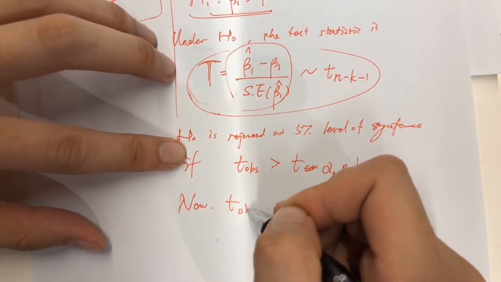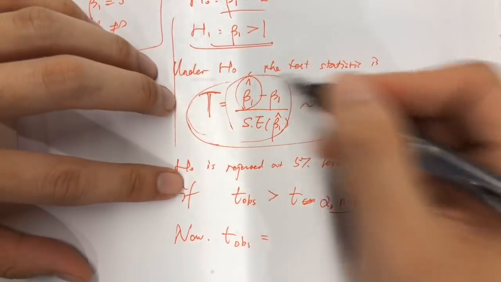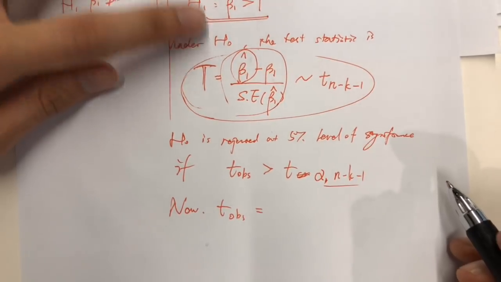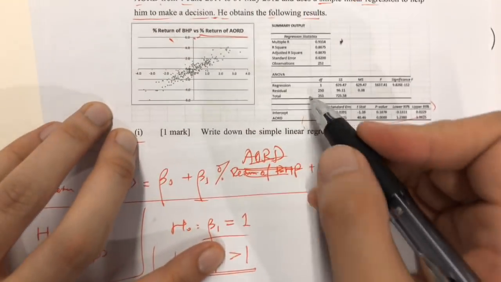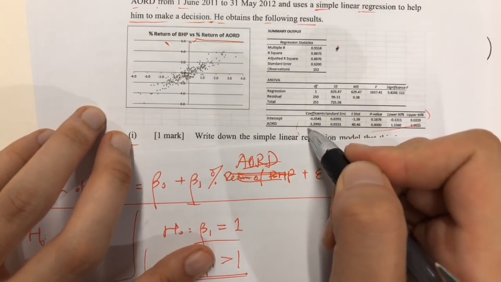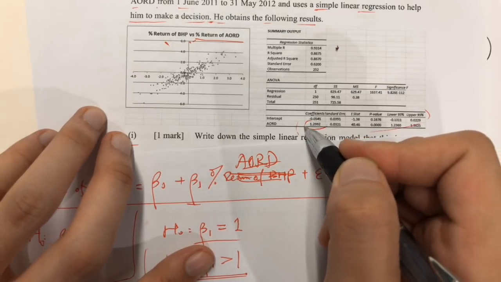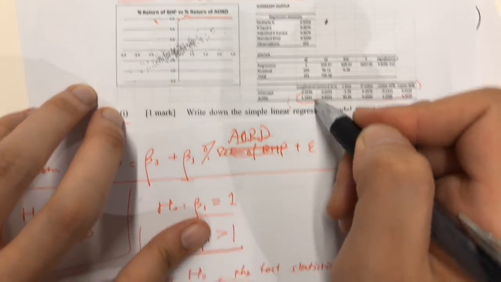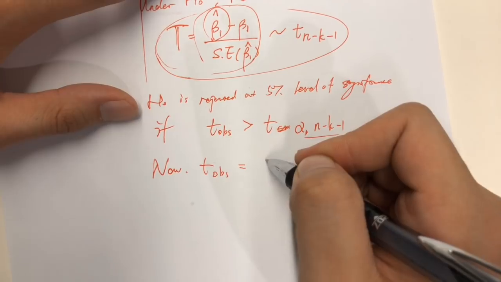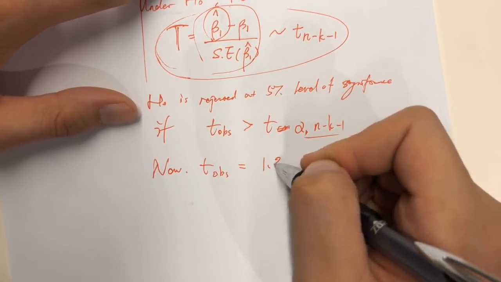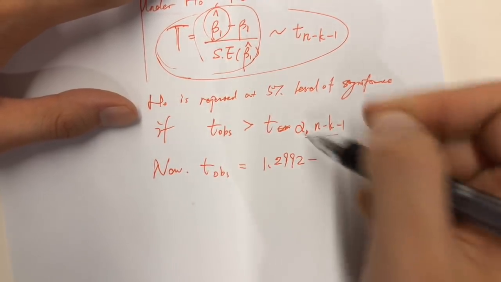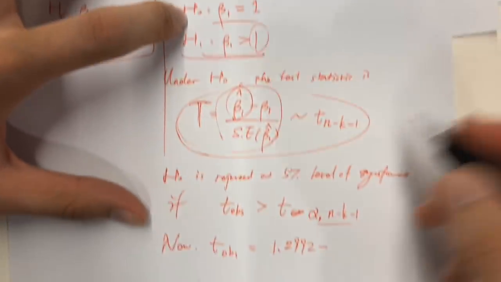the t observed is based on beta 1 hat. So what is the calculated value of beta 1 hat? It's actually over here, which is 1.2992, I guess. 1.2992 minus 1. 1 is here, right?